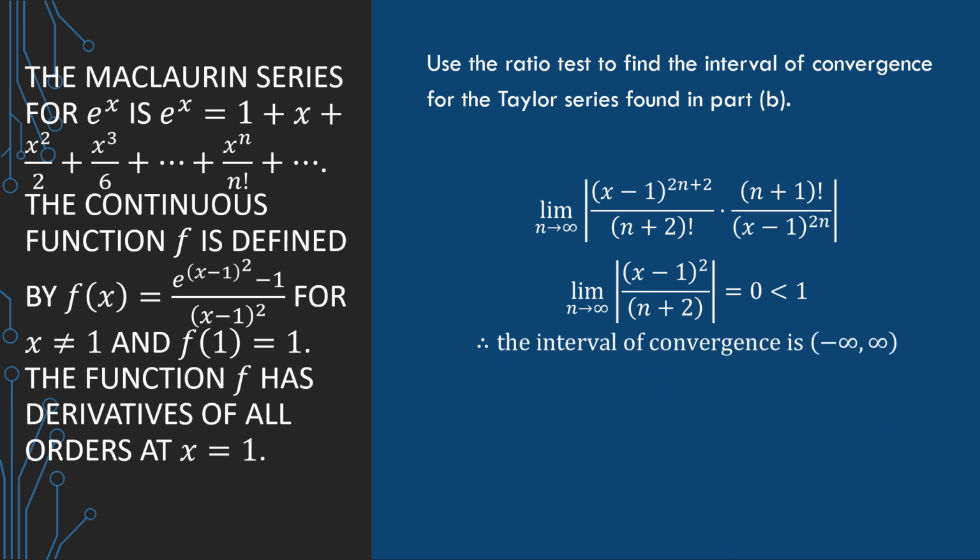And I get that my limit equals 0 since I'm left with the n in the denominator, so a number over infinity is 0. And that 0 is less than 1. That tells me that it's converging everywhere. So my interval of convergence is negative infinity to infinity. I get 1 point for setting up the ratio test properly, 1 point for the limit, and 1 point for the final answer.